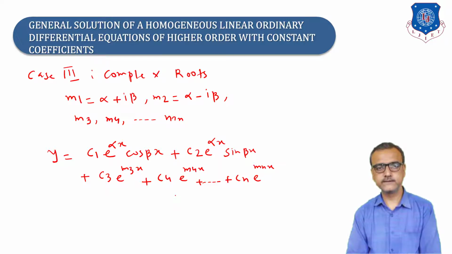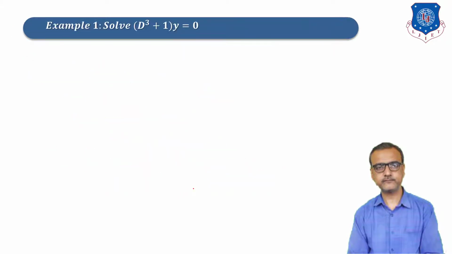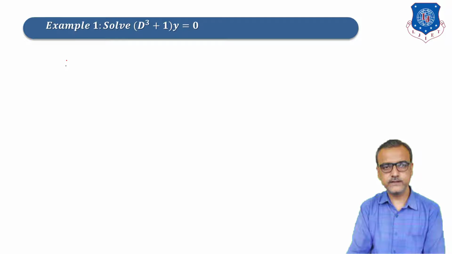Here we have considered m1 and m2 as the complex conjugate pair of roots and m3, m4 up to mn as real roots. Now I will make you understand this concept with the help of an example. Here the given differential equation is D cube plus 1 y equals 0.